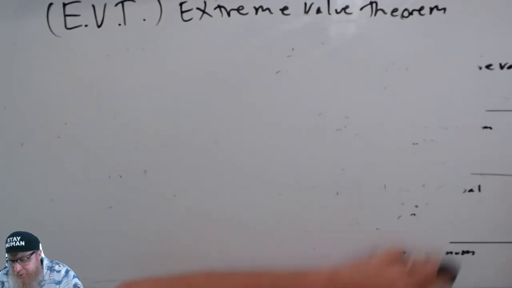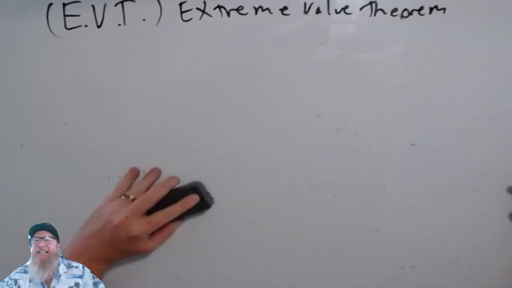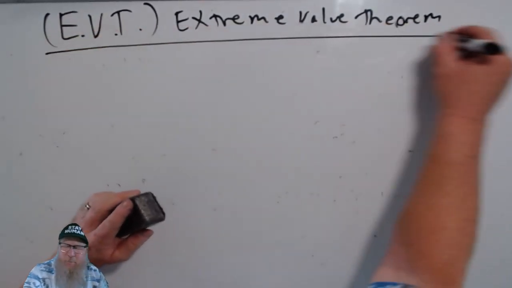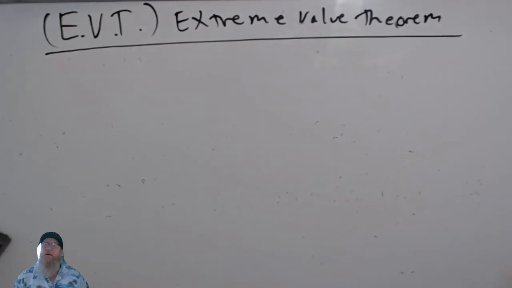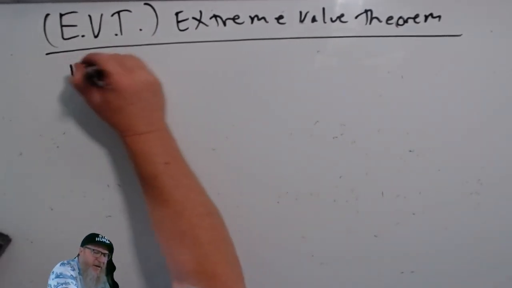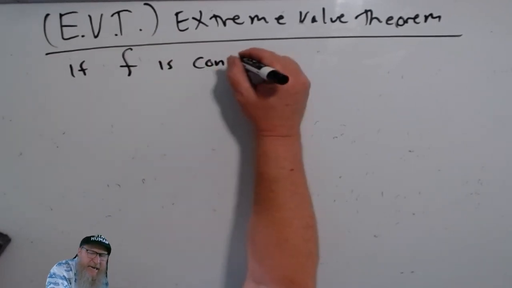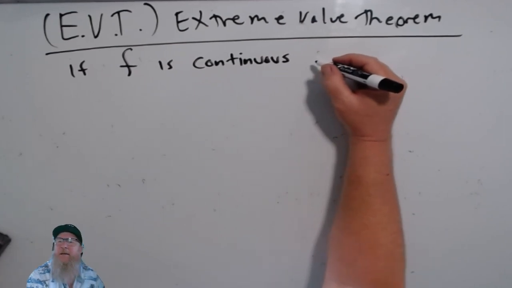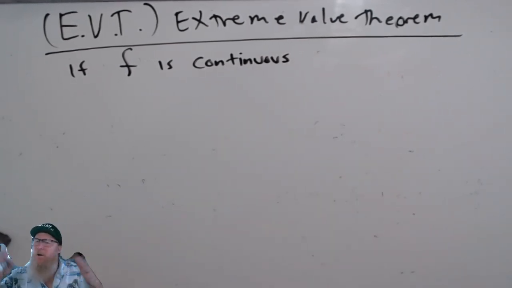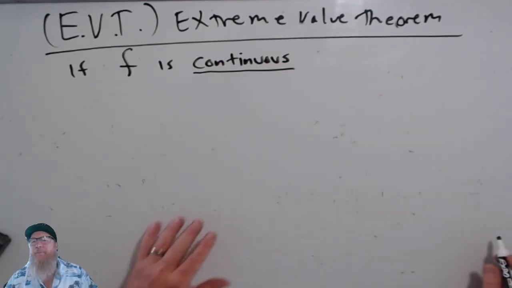It is a very useful theorem. It basically guarantees that we will have both extremes, a maximum and a minimum on a closed interval. So if a function f is continuous, right, so it can't have any asymptotes or holes. Again, you remember the definition of continuous from chapter 1.